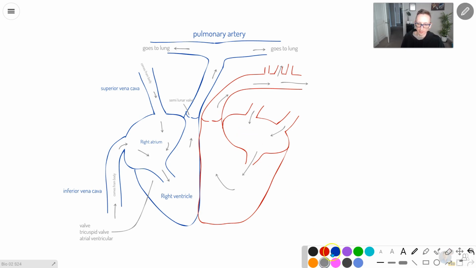So this is going to be the left atrium. Left atrium. Left atrium. Got a left ventricle. Left ventricle. We've got from the lungs.